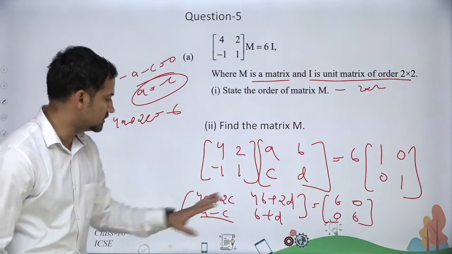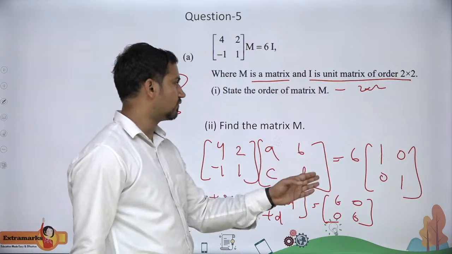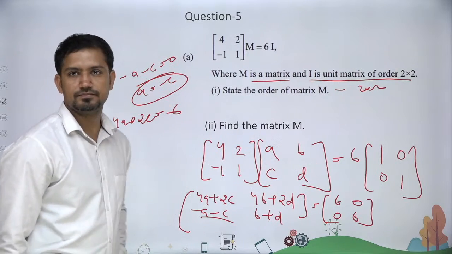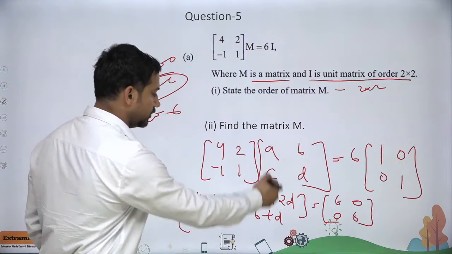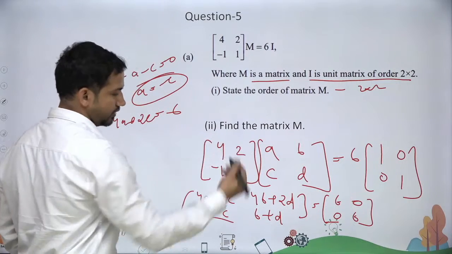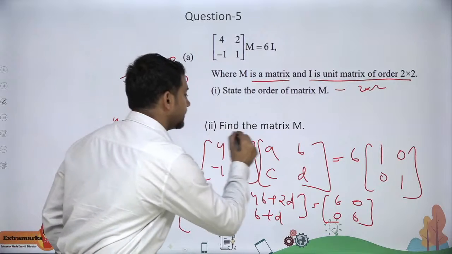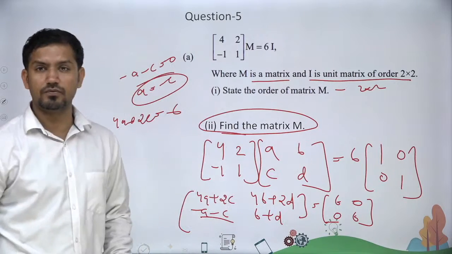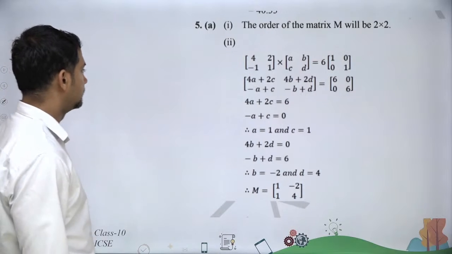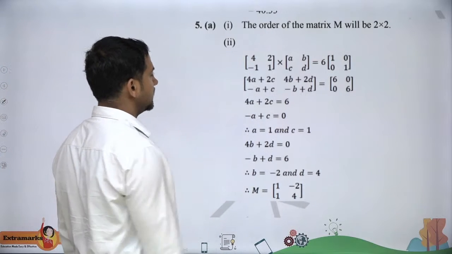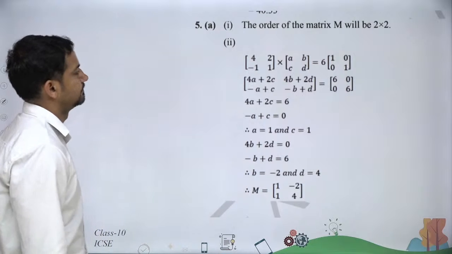The question is easy, not too difficult. You just have to put the values and get the answer. Any doubt? Then you get all the values of a, b, c, d, put them in, and you will find the matrix M.